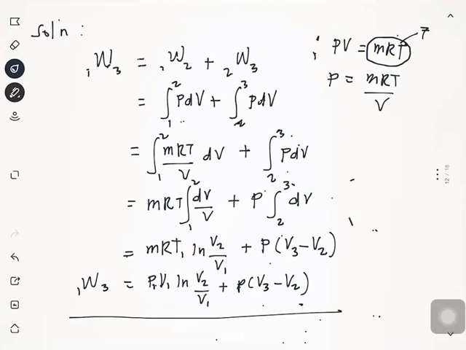Okay. So the work done is less than 0, since we know the volume V2 is less than the volume V1, and the volume V3 is less than V2. Hence we have a work of compression.